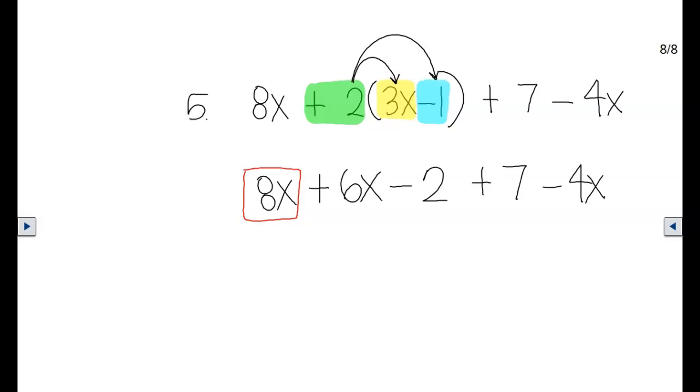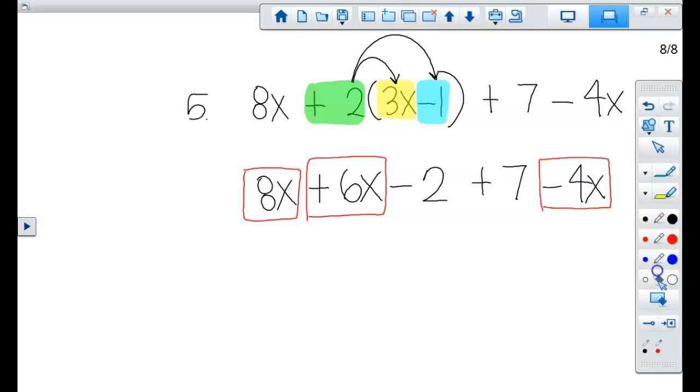So do other terms have just an x? Well, yeah, they do. Plus 6x has just an x. That's the same variable part. And then minus 4x has just an x. So all three of the terms that I just put red boxes around are like terms because they all have just an x as their variable part. So we're going to combine these.